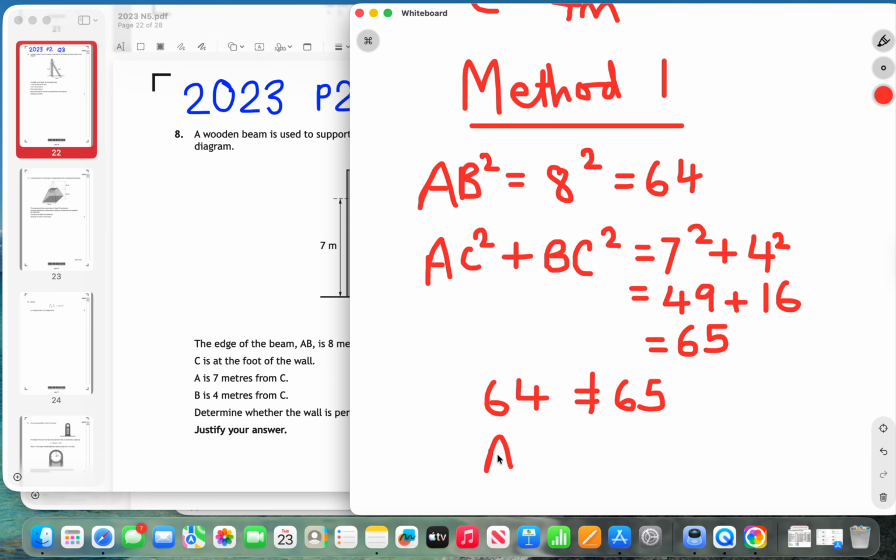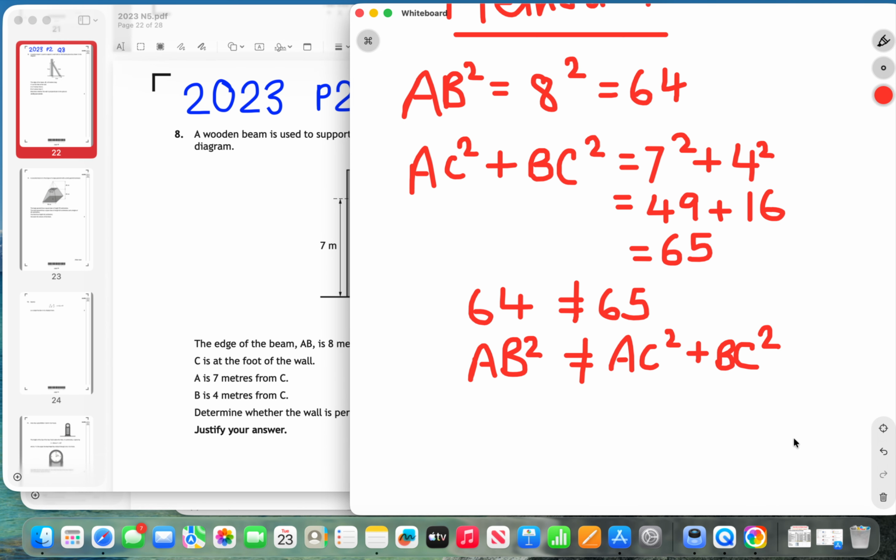And more importantly, AB squared is not equal to AC squared plus BC squared. And the question asks us to justify the answer, so you want to give an explanation, both mathematically, as we've done, and in writing. So we want a few sentences.